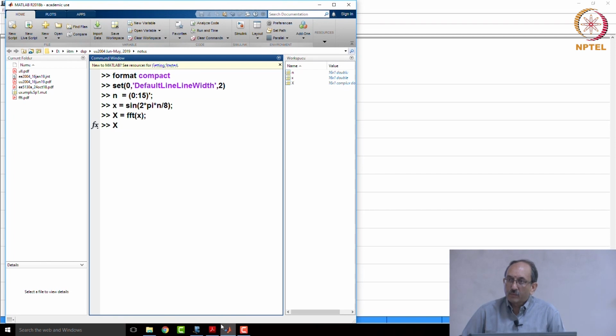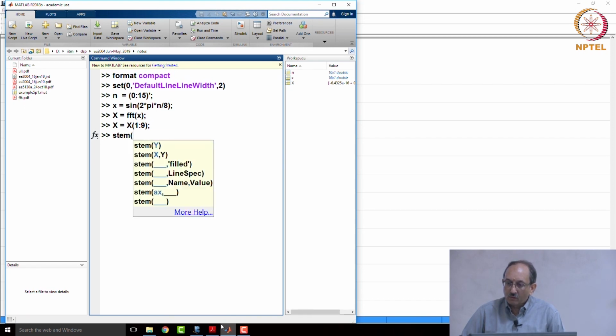Now, remember this is a real valued sequence, therefore 0 to N by 2 is all that I need, because from N by 2 plus 1 to N minus 1, because of symmetry, it will be the complex conjugate version of the upper half, and hence I need to restrict x only from 0 to 8. MATLAB is 1 based index, therefore I am restricting it to 1 to 9, and now I need to plot this. So I will use the stem command.